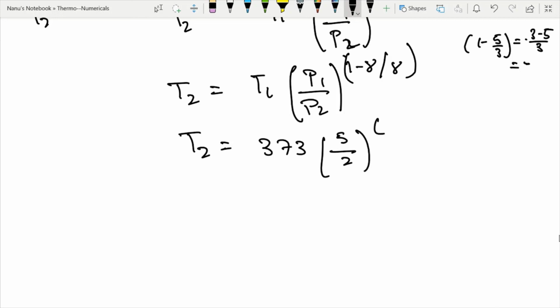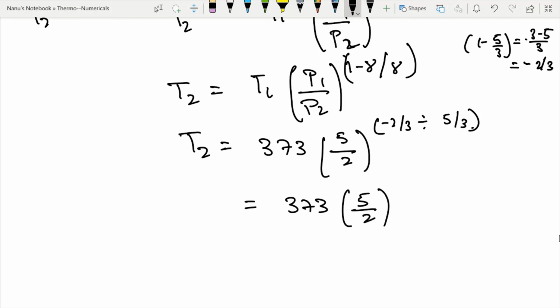So it is minus 2 by 3 divided by 5 by 3, which on division on the top gives minus 2 by 5. So T2 is 373 times (5 by 2) to the power minus 2 by 5. Is this the answer? If you do this, use a calculator. This is very simple, I won't show you.